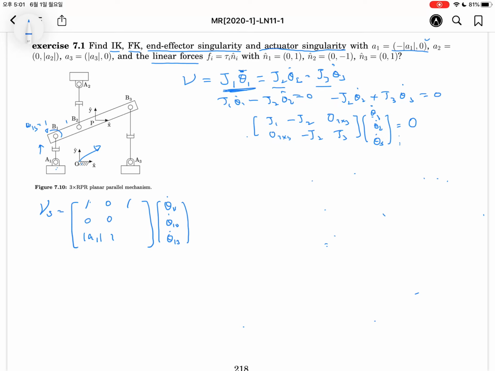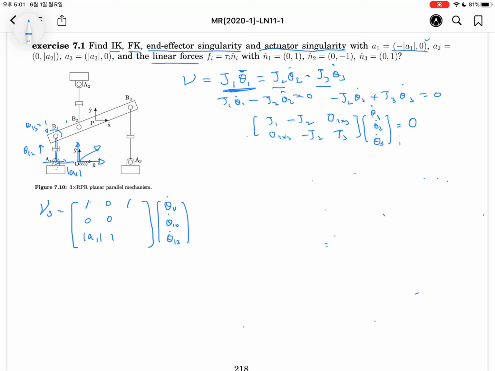Okay, let's find out this linear velocity. It is corresponding to this axis movement and this axis movement. Right? In here, this angle or this linear displacement is corresponding to the theta 1, 2. Okay? So this value is the theta 1, 2. This is the A1 magnitude.